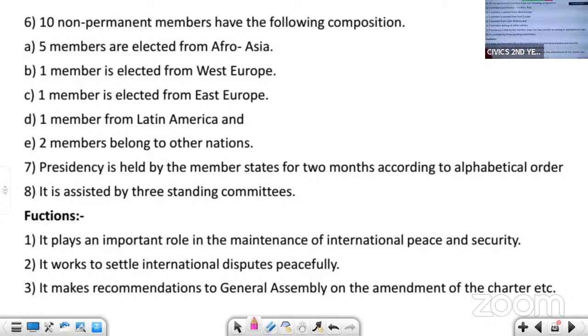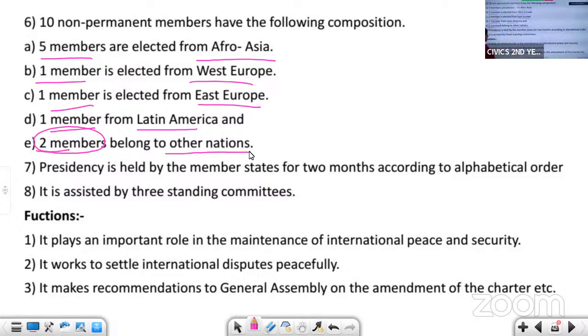And if you see the composition of these 10 non-permanent members, how are they representing? 5 countries from African and Asian continents, that is Afro-Asian countries, then 1 member from West Europe, 1 member from East Europe, 1 member from Latin America, and 2 members from other nations.